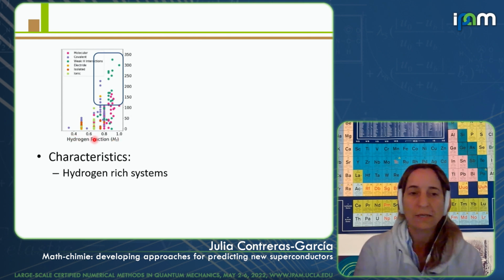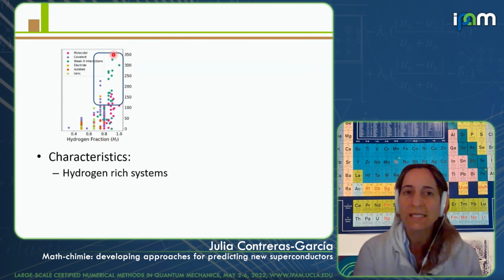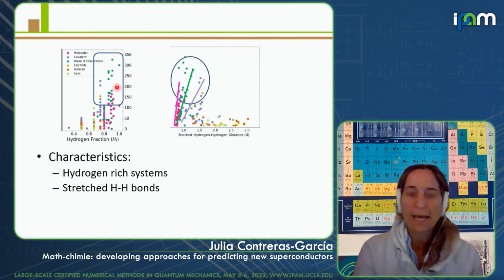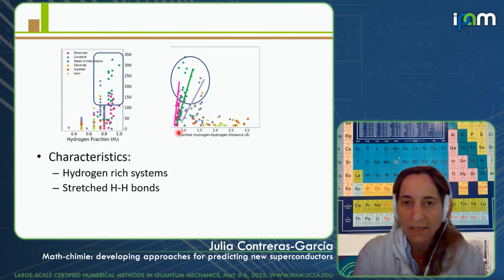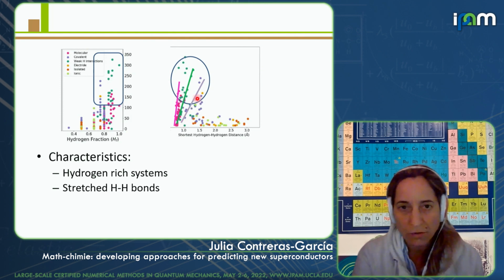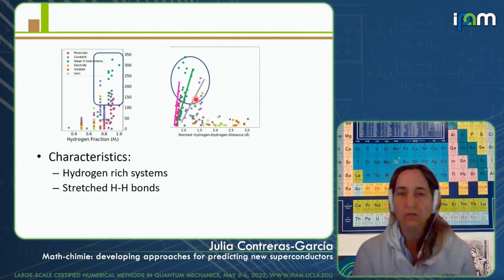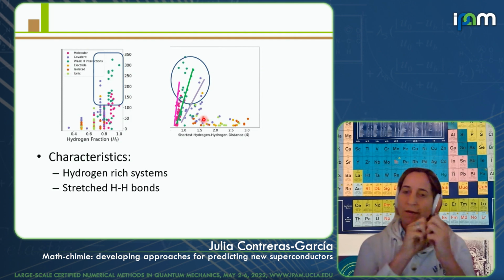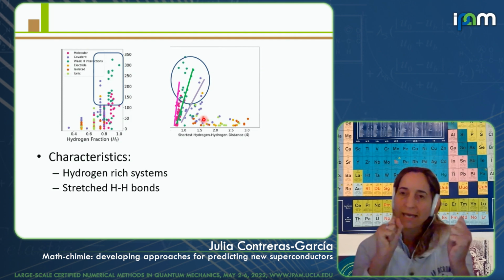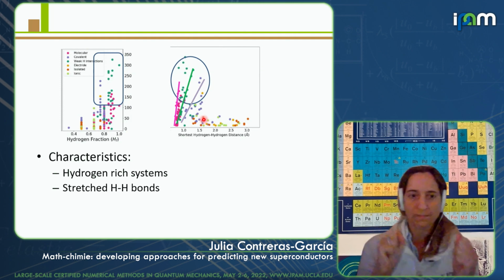If we plot the TC with respect to the hydrogen fraction, we see that they all need to have a high hydrogen composition. And if we actually plot them by families, these lines are just to guide you, but you can see that in every family we need to go to the high end of the hydrogen-hydrogen bond.